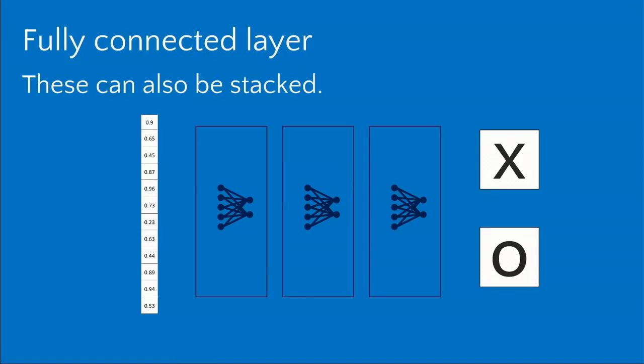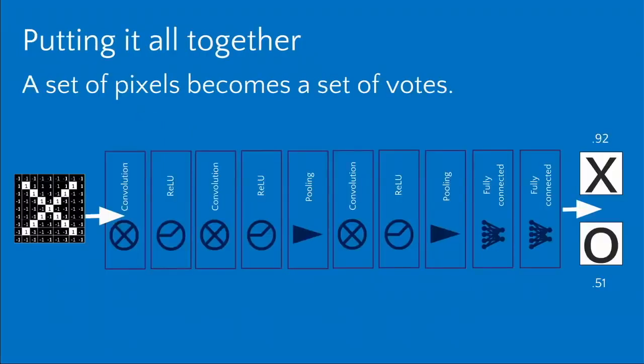So coming back up to our convolutional neural networks, these are the fully connected layers. That's how they're trained. They can also be stacked. This backpropagation applies not only to these fully connected layers, but also to the convolutional layers and the pooling layers. We won't go through and calculate the chain rule for them, but you can do that as well. And going through this whole stack of different layers, it gets trained on a bunch of examples, in this case of labeled X's and O's.